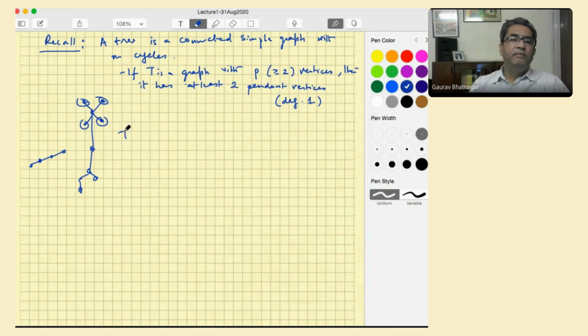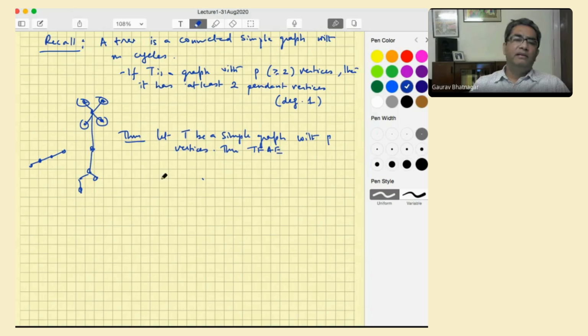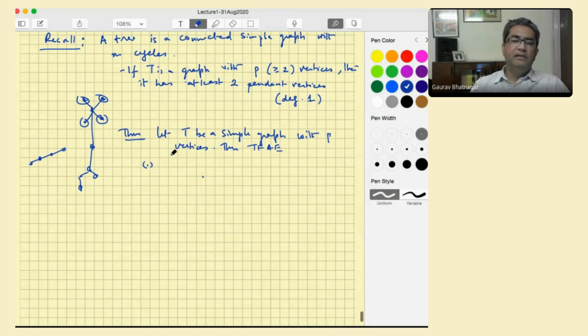And here's a theorem. Let T be a simple graph with P vertices. Then the following are equivalent. One: T is a tree.